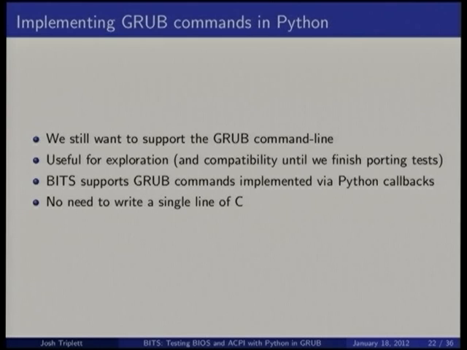So based on that, we wrote an interface for bits to support commands registered to GRUB so that you can run them from the command line, but when you call them, the command line gets passed up to Python, which will do whatever it wants and return an exit code back to GRUB, almost like running a script. And at that point, you can use, for example, the standard Python argparse module and go parse command line arguments, generate output for --help. All of that kind of thing works very nicely.